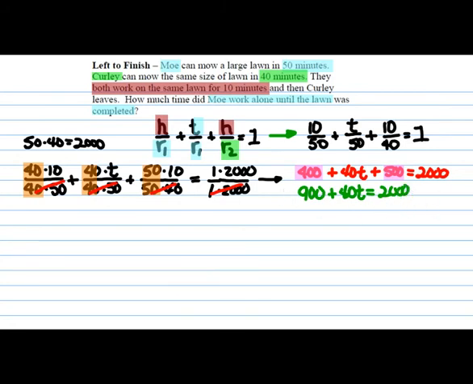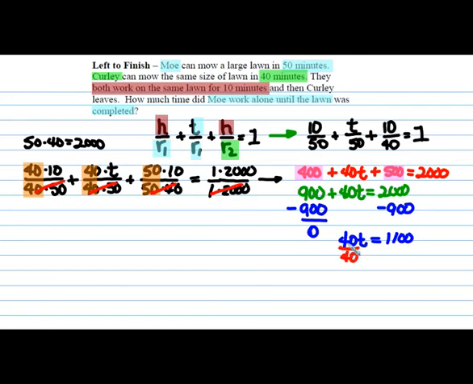Got my equation simplified. Well, let's subtract 900 from each side. We know 900 minus 900 is 0. The 40t will just come forward. 2,000 minus 900 will give me 1,100. And now to finish this, all I have to do is divide by the 40.